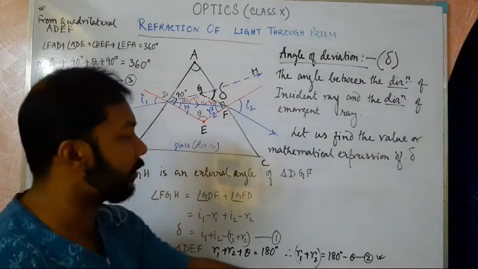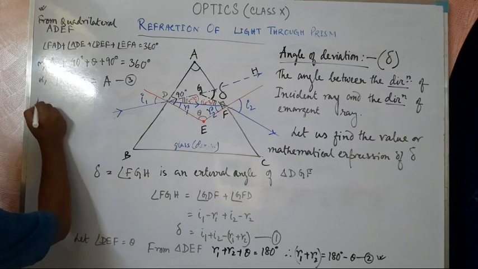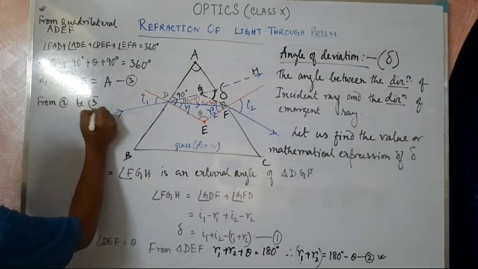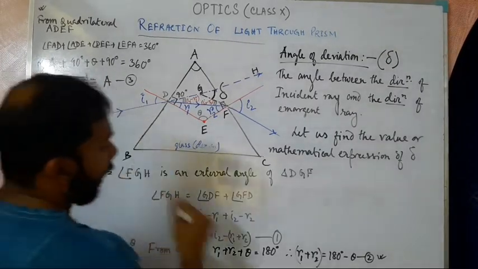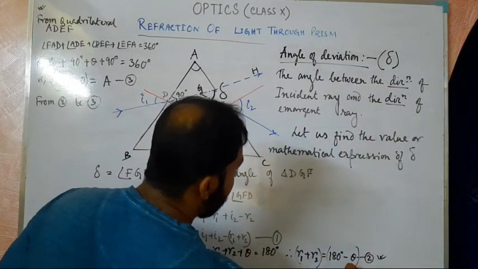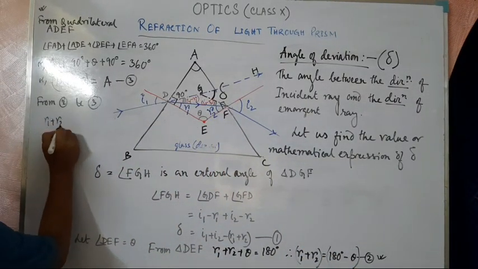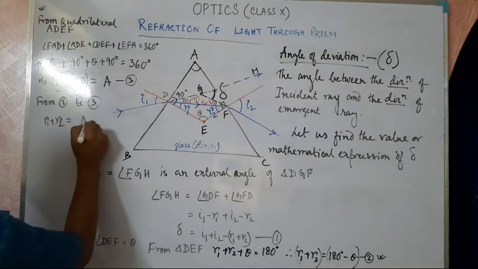From 2 and 3, what do we see? 180 degrees minus theta is A, and 180 degrees minus theta is R1 plus R2. So R1 plus R2 is actually equal to A, the prism angle.